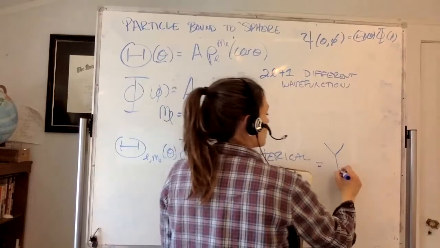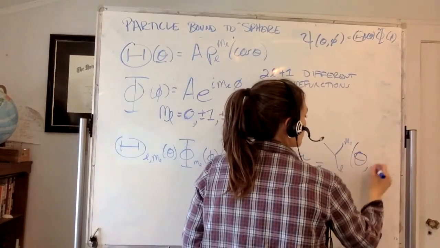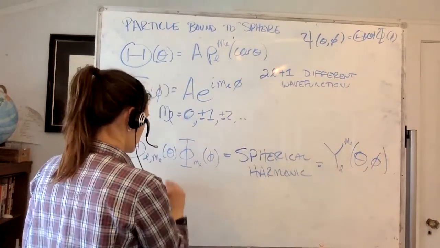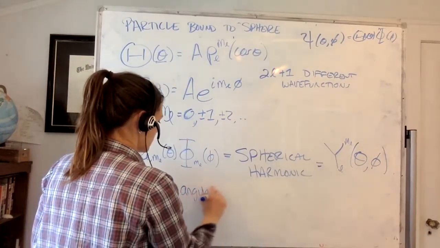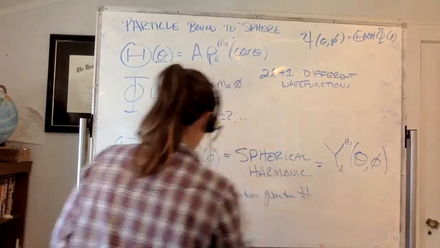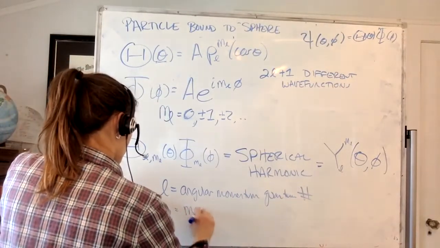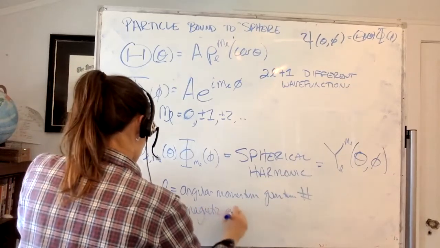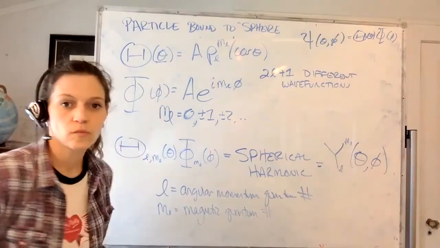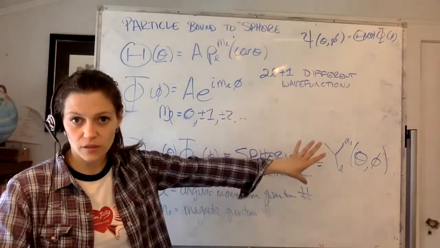It's a big Y, with L in the subscript and m sub L in the superscript, and we say theta and phi are the two things that it depends on, where L is equal to the angular momentum quantum number, and then m sub L is the azimuthal or magnetic quantum number. Okay, go team.